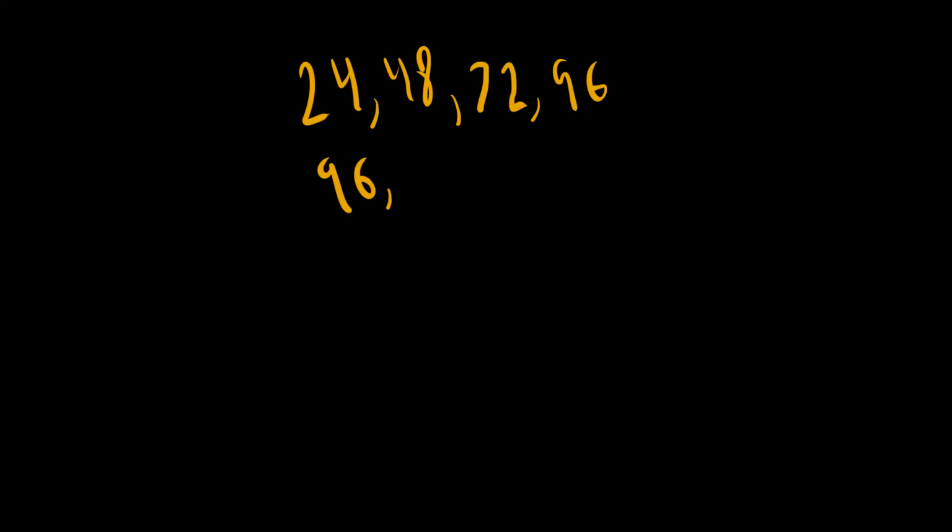And look what we have here. 96 times 1 is 96. 24 times 4 is equal to 96. So we find our least common multiple. But again, for some numbers, it may take a longer time than just drawing out the multiples table.